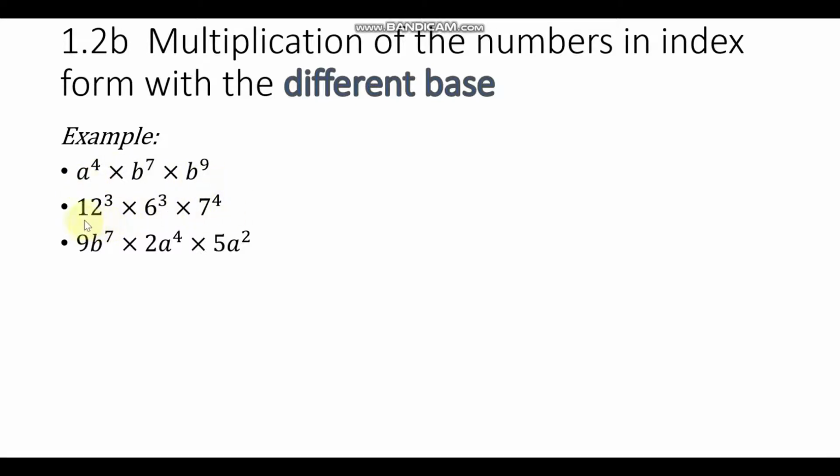The second example has three different bases, which are 12, 6, and 7. And the third one has two different bases, which are b and a. Although here we have three different numbers, we only look at the terms b and a.